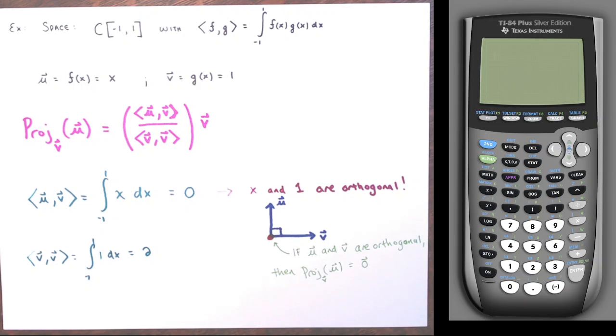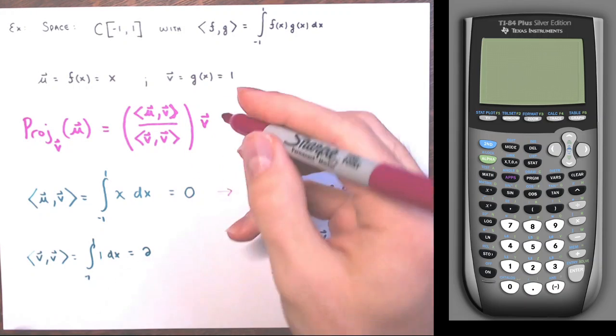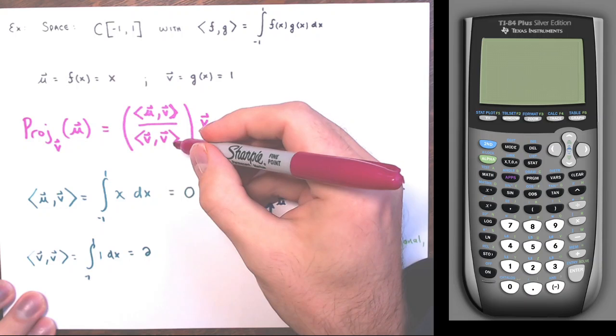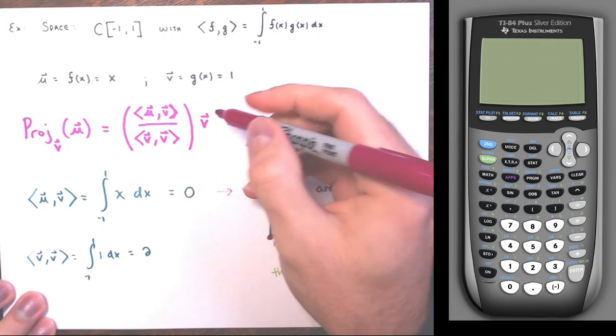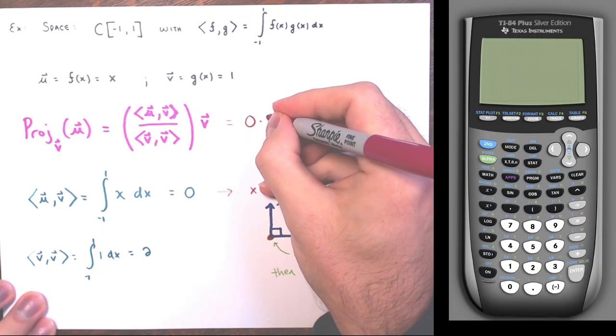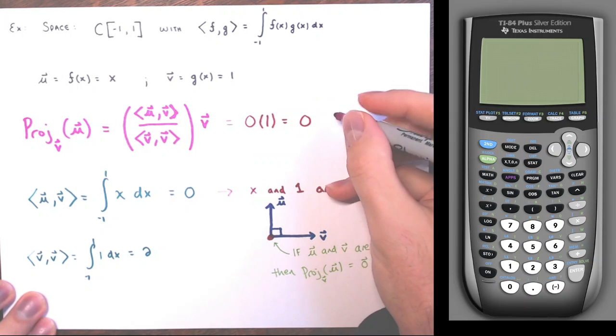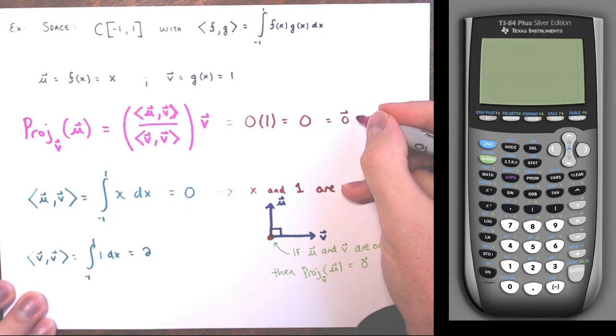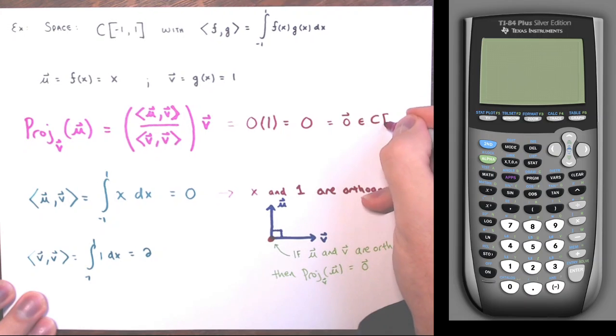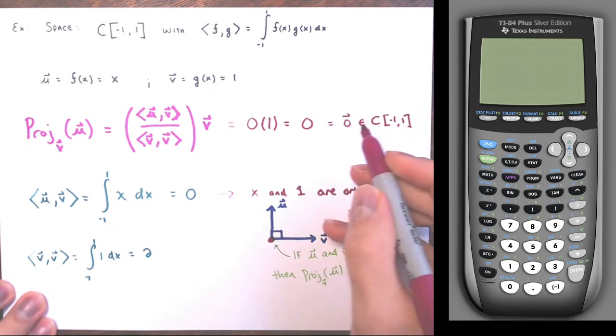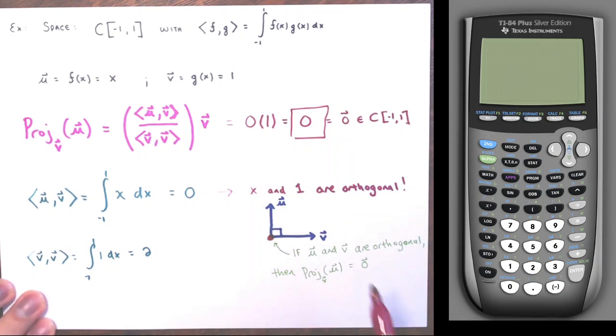So my projection vector is 0 divided by 2 times v, 0 times 1, which is just 0, which is the 0 vector in C from negative 1 to 1. The 0 function is the 0 vector in that space.